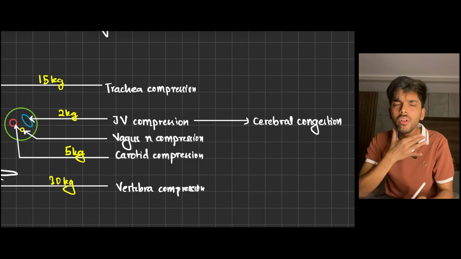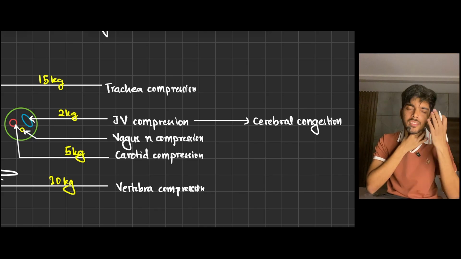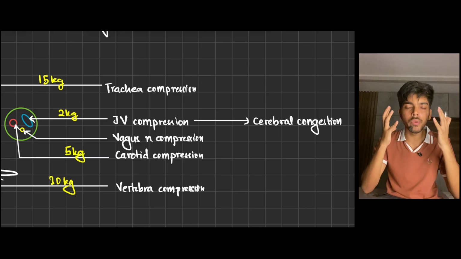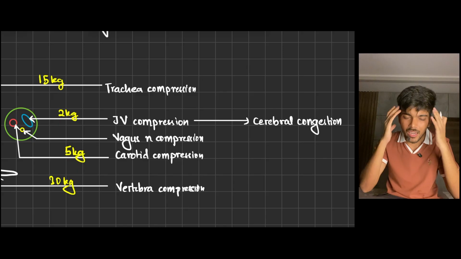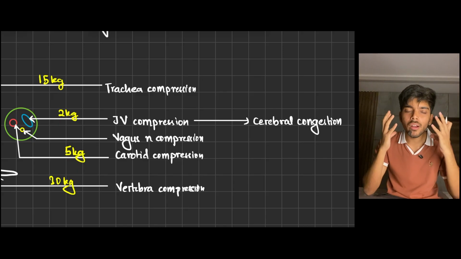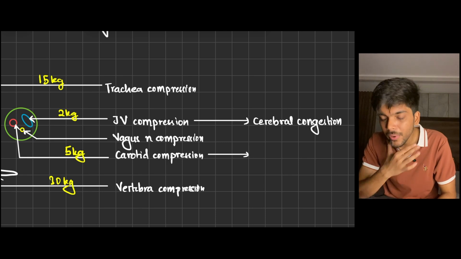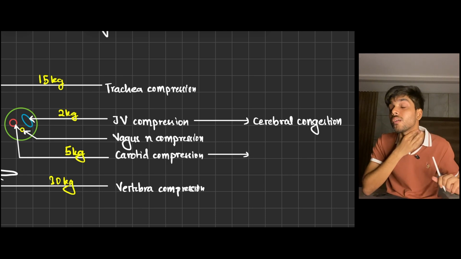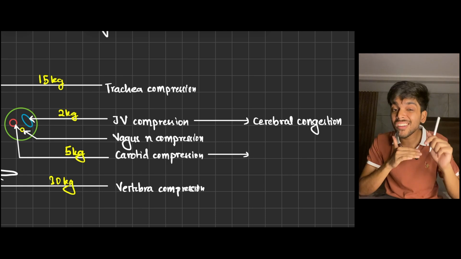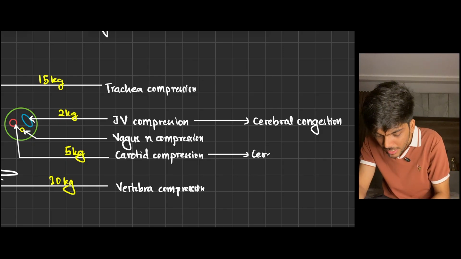Pretty logical. The jugular vein is compressed, the venous return is blocked, the face and neck are pooled with deoxygenated blood, the cerebrum is pooled with deoxygenated blood, there is cerebral congestion. Carotid compression: if you compress the carotid, the arterial supply to the cerebrum is cut off, leading to cerebral anemia or cerebral hypoperfusion.